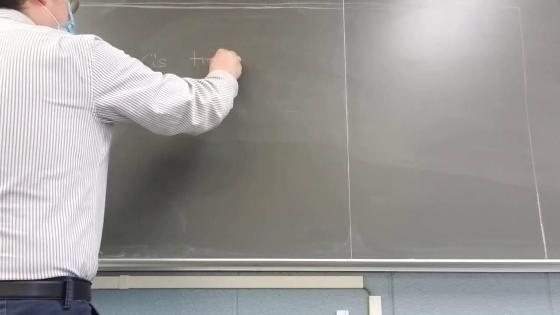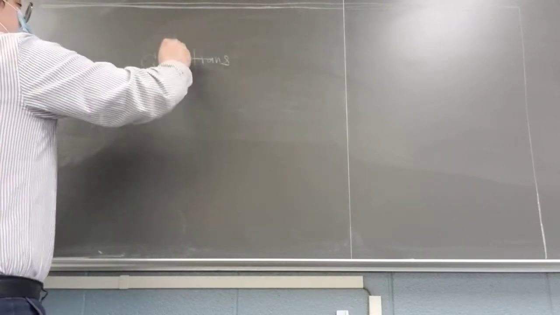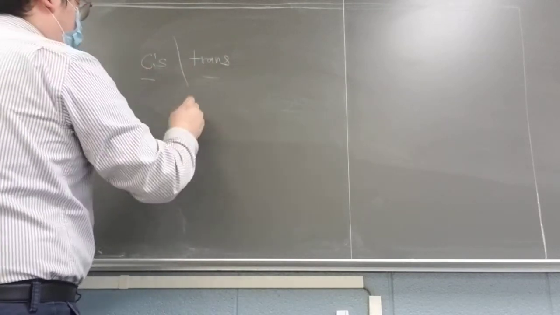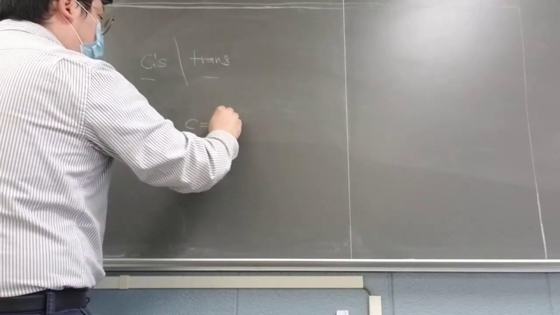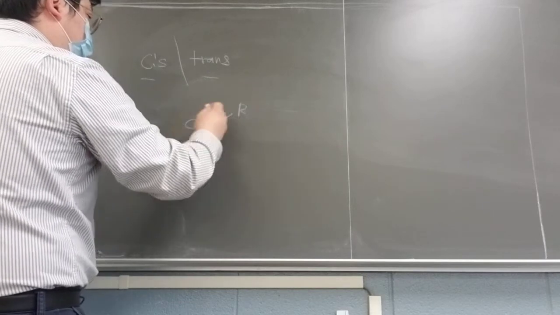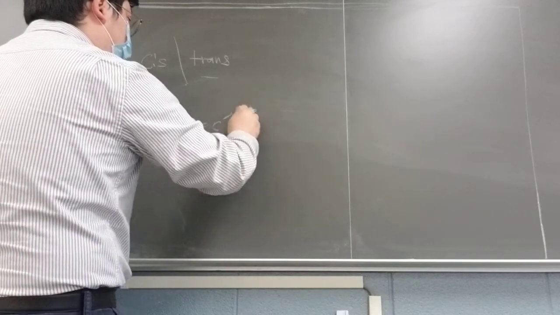So last time we talked about cis and trans. The cis and trans simply apply to your alkene compound that has this type of structure. Let me give you one example here.